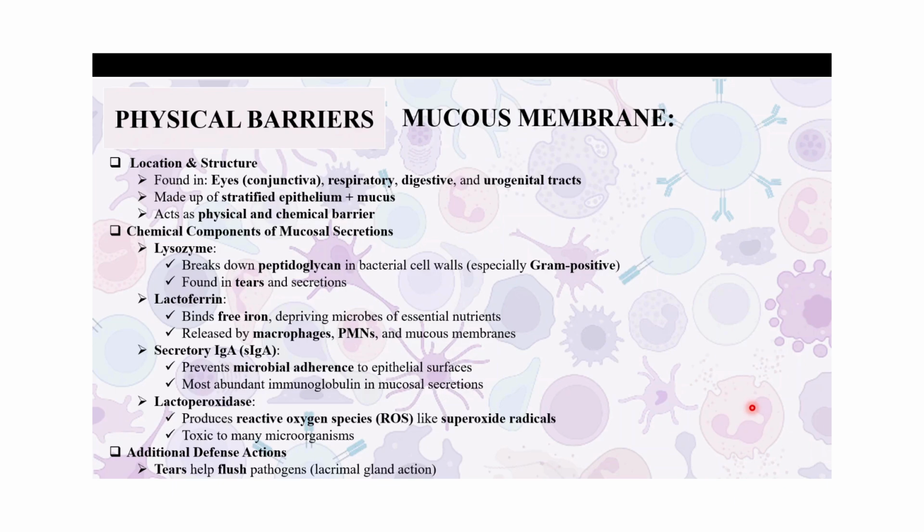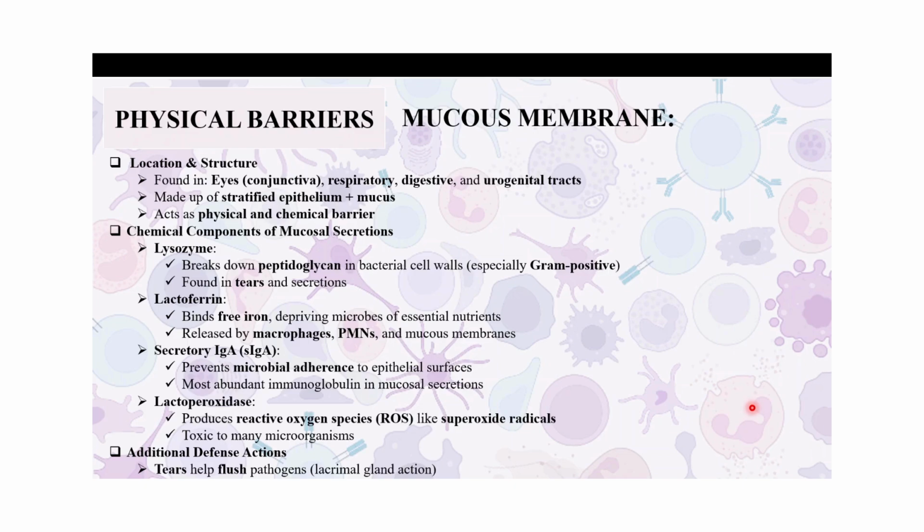Because the secretions of the mucous membrane contain chemicals such as lysozyme, which breaks down the bacterial cell wall. Lysozyme specifically cleaves the bond that joins NAM and NAG together to form the bacterial cell wall, especially in gram-positive bacteria.